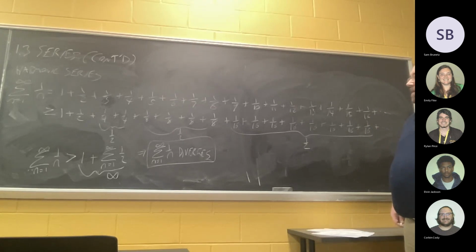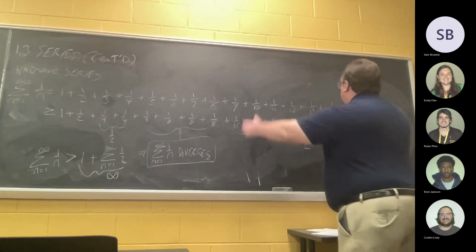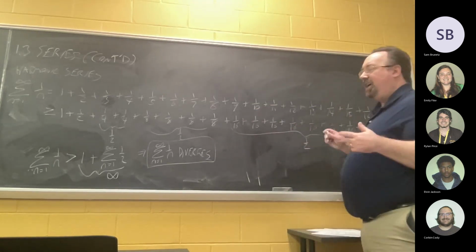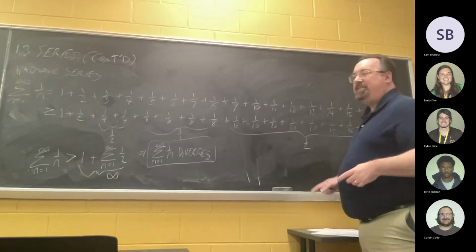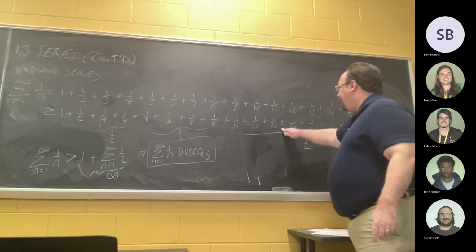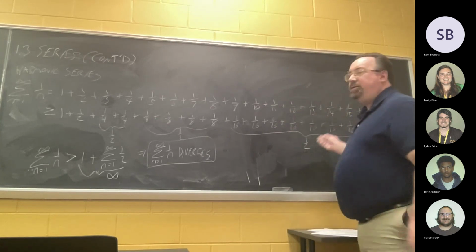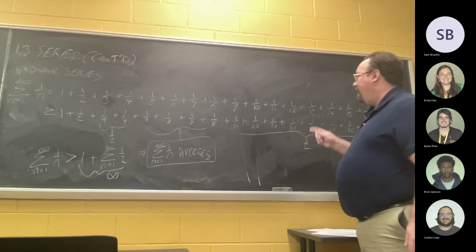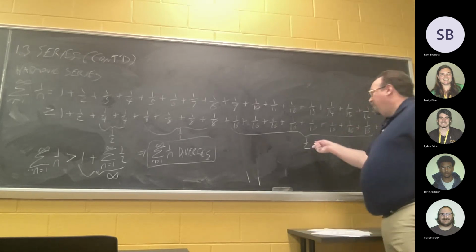I'm still kind of confused by this. So you're basically saying that throughout the whole thing, each part of it is 1/2? Yeah, or actually, each batch of terms will sum to something greater than 1/2. And because both of these sums are going off to infinity, if I were to keep going, I would keep having more 1/2s.